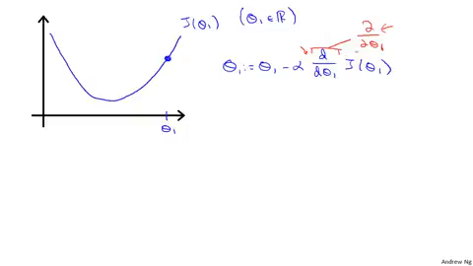For the purpose of this lecture, think of these partial symbols and d/d theta 1 as exactly the same thing. I'm going to try to use the mathematically precise notation, but for our purposes, these two notations are really the same thing. But so let's see what this equation will do.